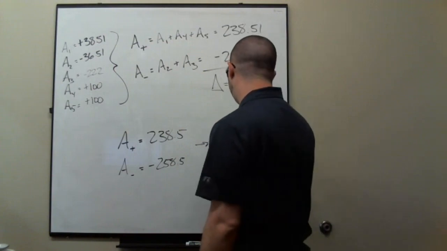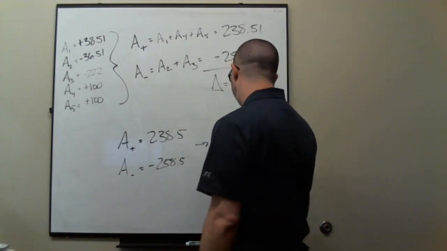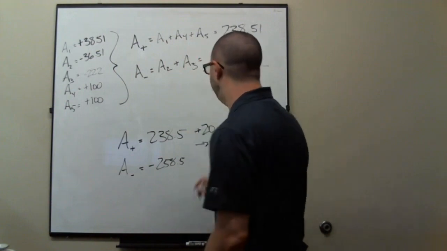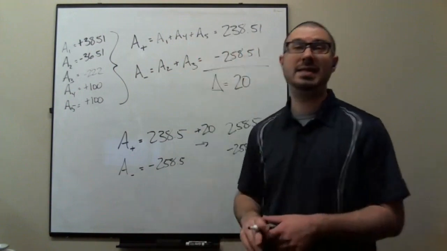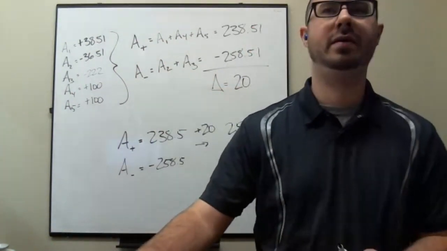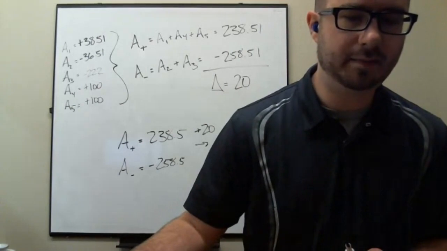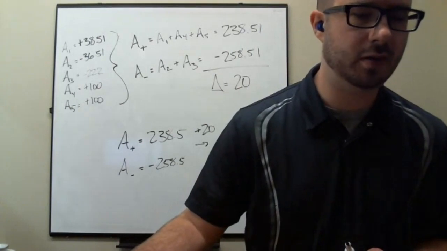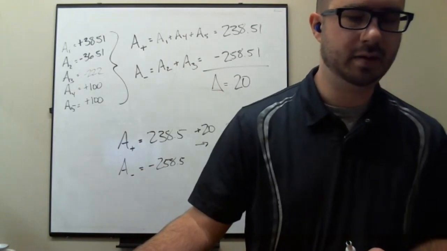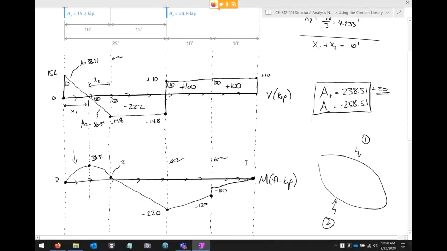So this would be 258.5 and then minus 258.5. So that means that moment has to be positive. So you have to jump up. And that's one way of doing it. Another way of doing it is to try and look a little bit into the crystal ball. If you look at the problem, go back to the moment diagram and then ask yourself, like right here, what would have happened if we took that moment and jumped down?